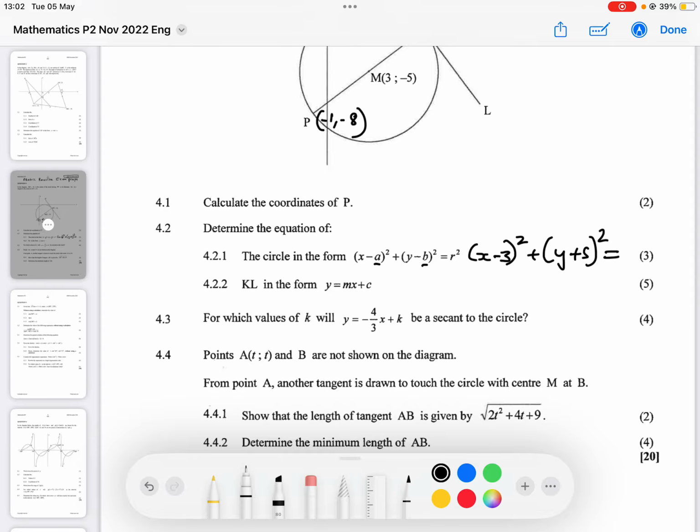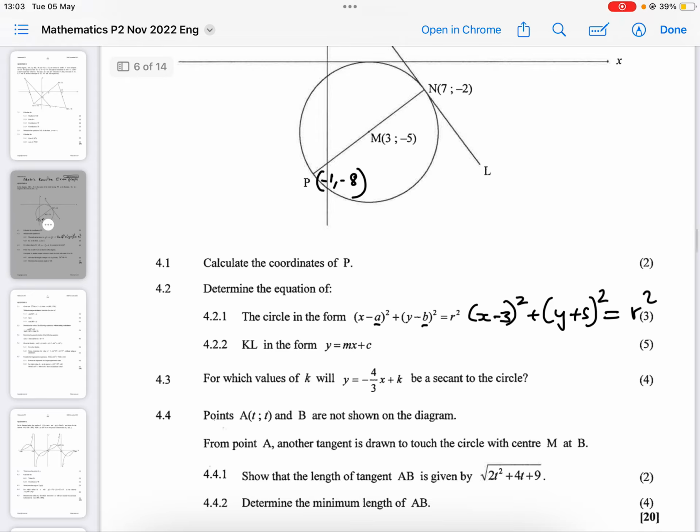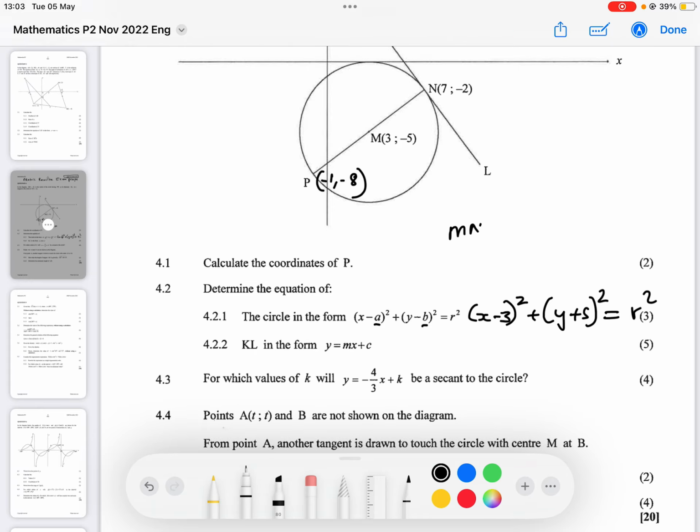R squared. R is the radius, meaning the distance from the center to the circumference. So I can get the distance MN equals the root of, using the distance formula, minus 1 minus 7 all squared plus minus 5 plus 2 all squared. Now I get the answer.